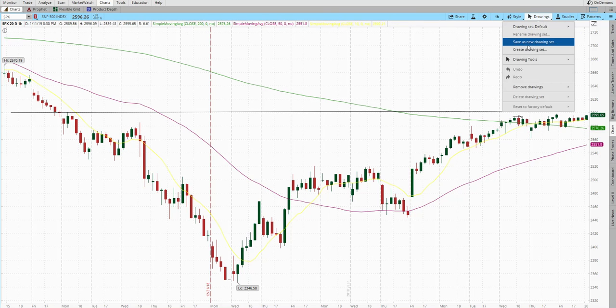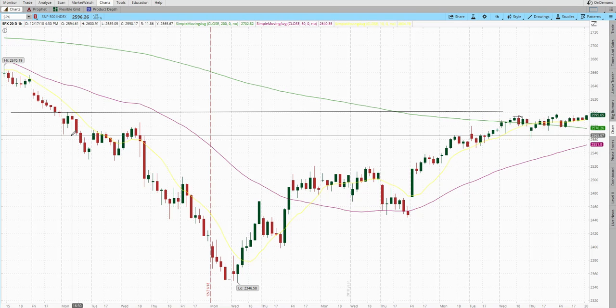And let me just quickly demonstrate what I'm referring to. Put that price level there for you. Arrow, time level. Let's just use a quick trend line.